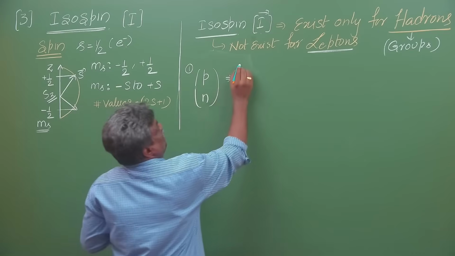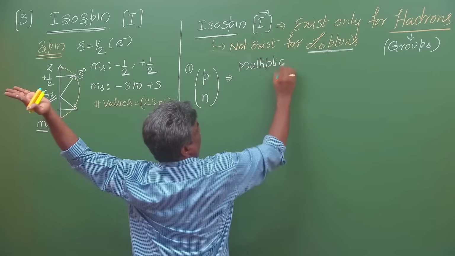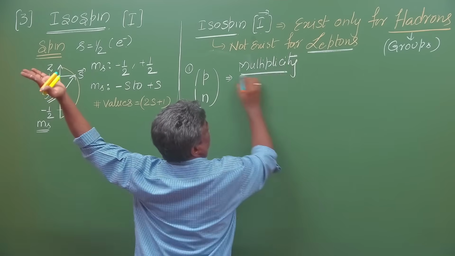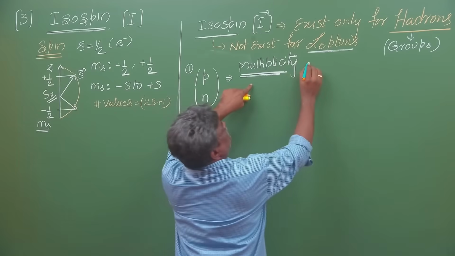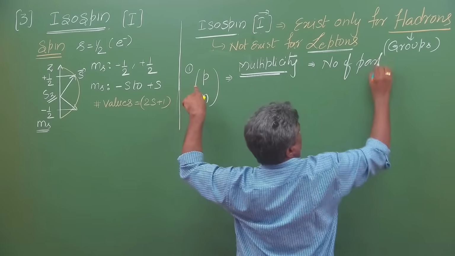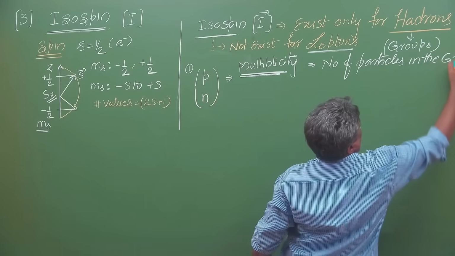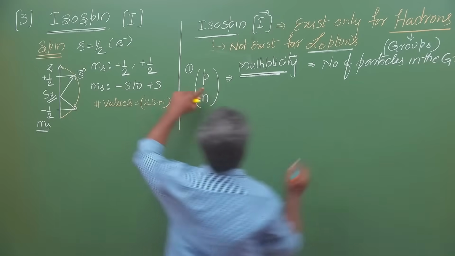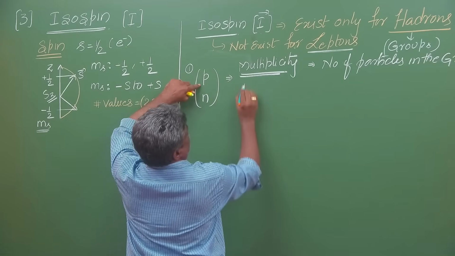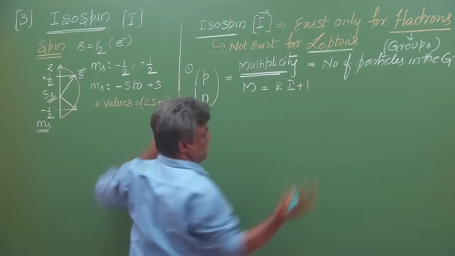So here we have to introduce one thing called multiplicity, which is nothing but the number of particles in the group. How many? 2.